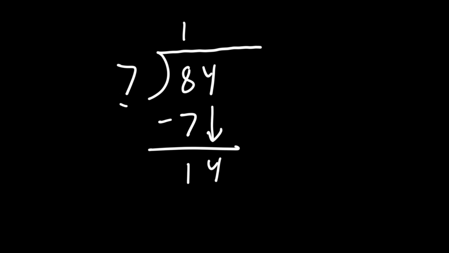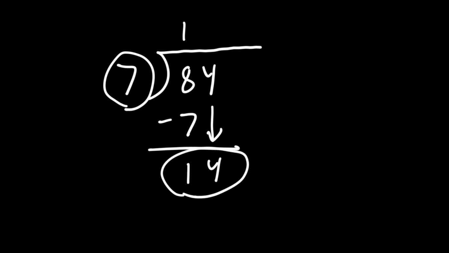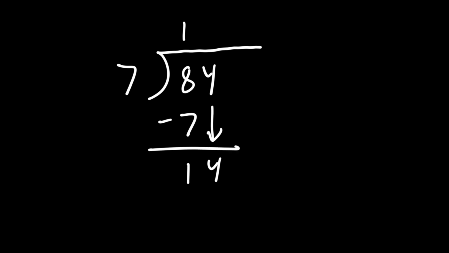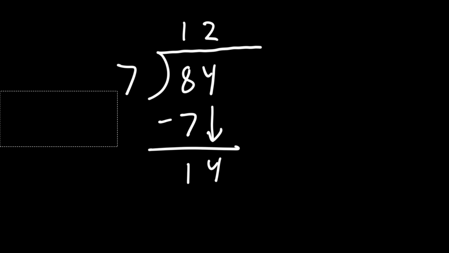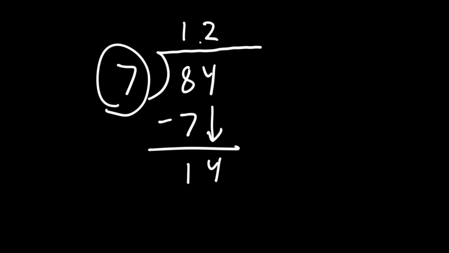How many times can 7 go into 14? 7 on its own is just 7, plus another 7, that equals 14. Notice how we have 2 7s, so that means 2 7s can go into 14. Now we have to subtract this number by the divisor times the amount of times it can go into that number.